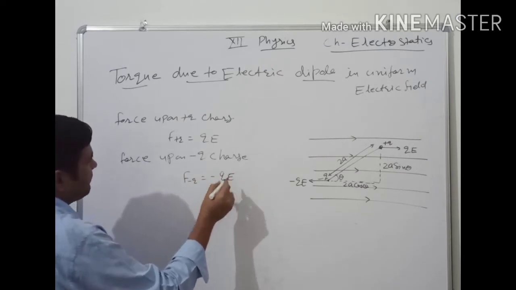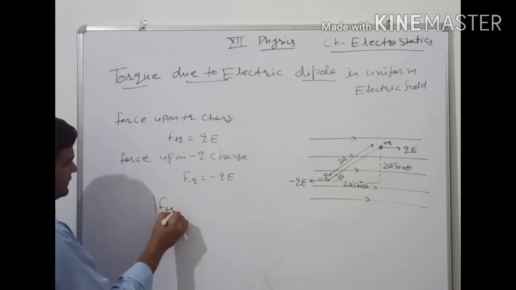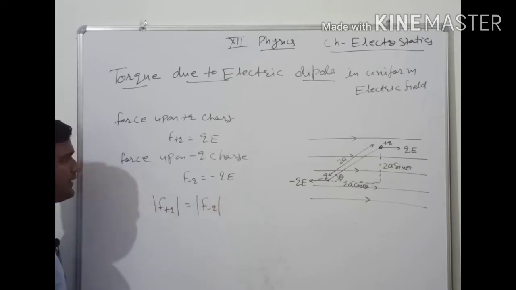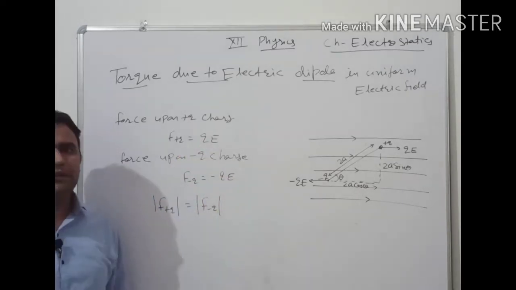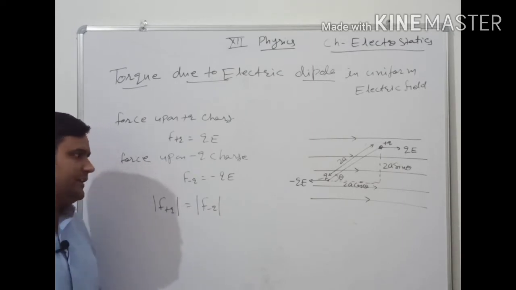If we consider the formulations, the magnitude of F plus Q is equal to the magnitude of F minus Q, because QE is equal in magnitude but opposite in direction.